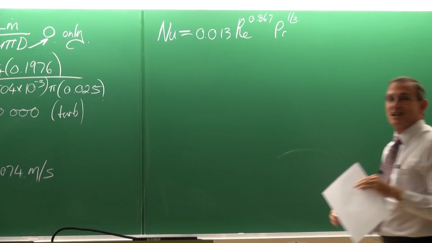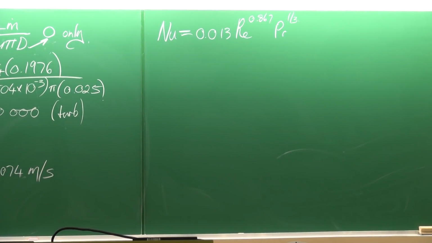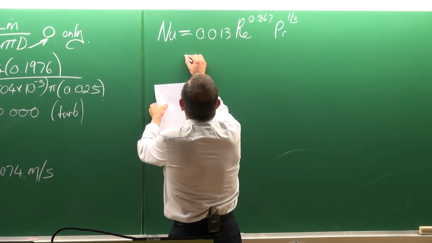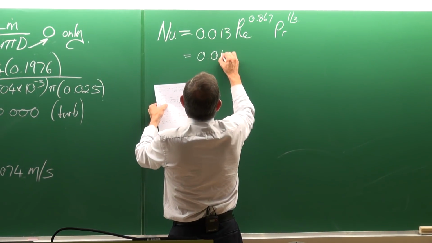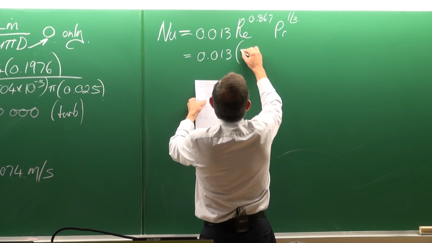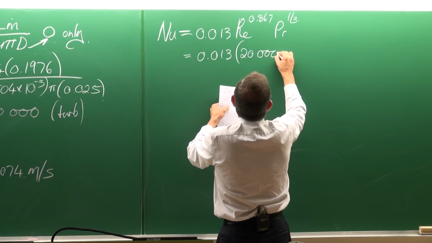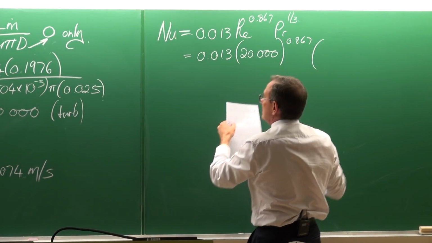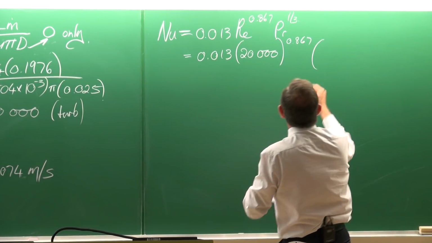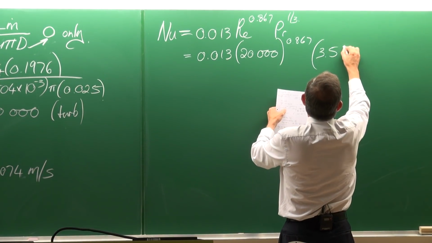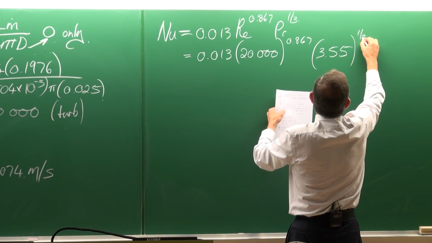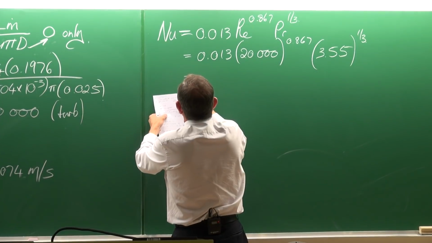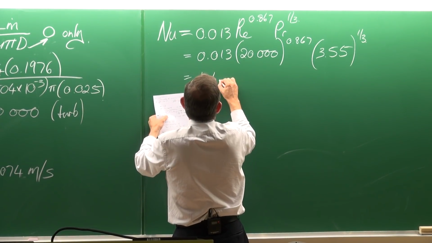That's already accurate to 6%, so that's fine. The Nusselt number is equal to 0.013, the Reynolds number is 20,000 to the 0.867, Prandtl is equal to 3.55 to the third, and that will give a Nusselt number of 106.3.